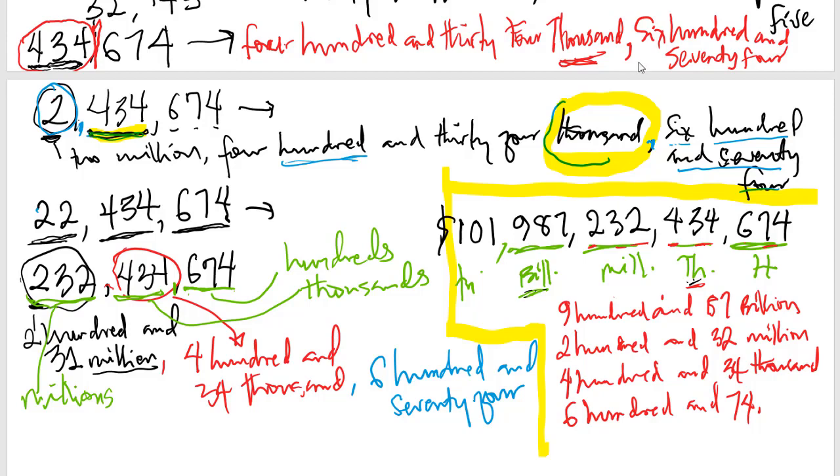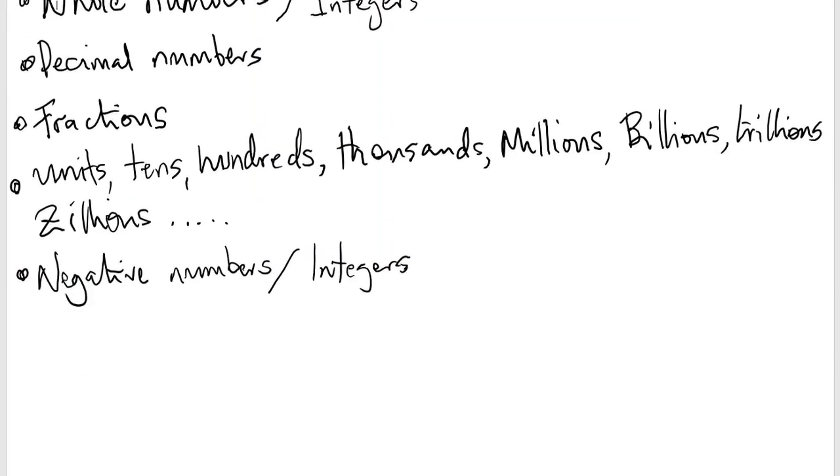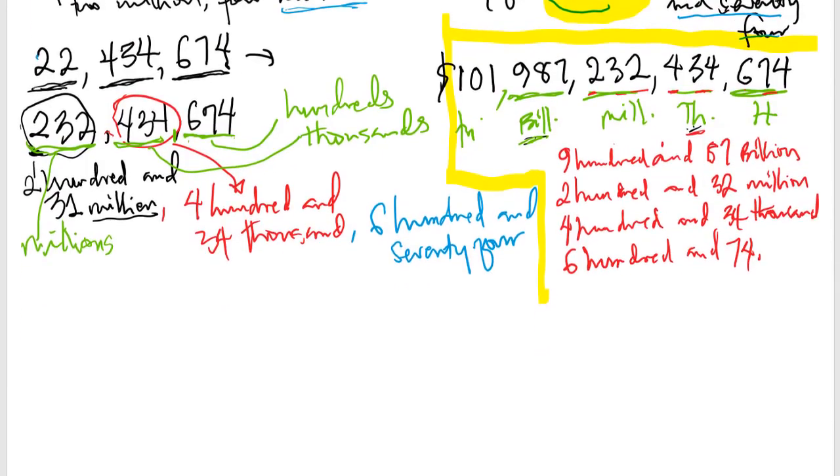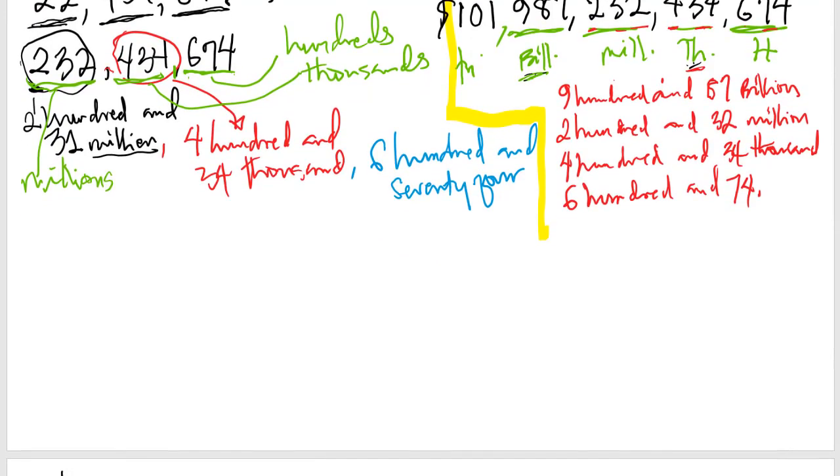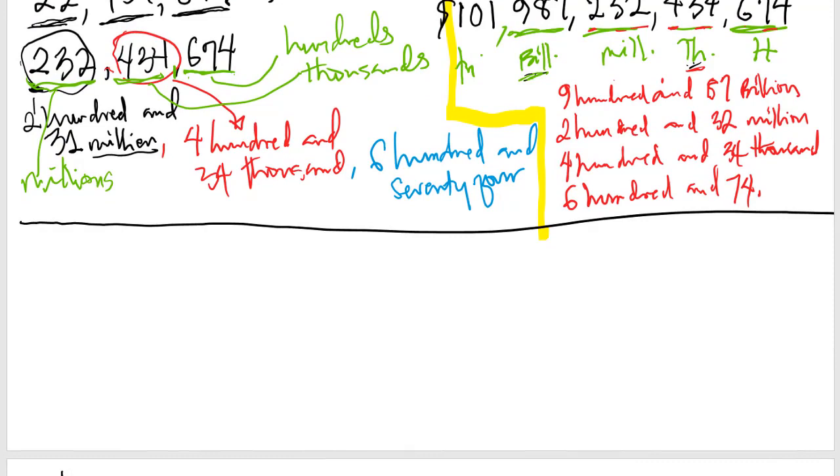So we'll move on to the next item on our list, which is negative numbers or integers. So for negative numbers or integers, all we need to do for it is to put the subtraction sign in front of the integer or fraction. So once you have a 0, you have 1, 2, 3, 4.